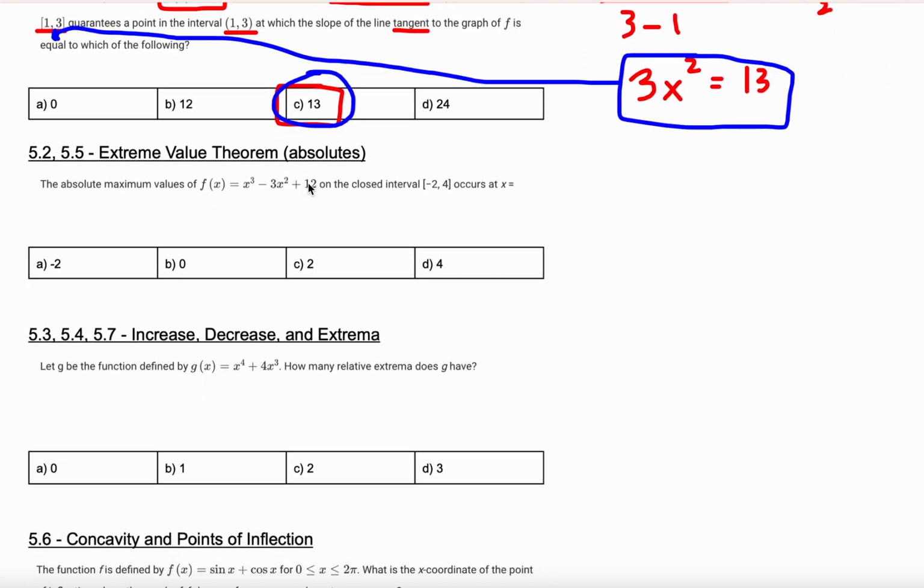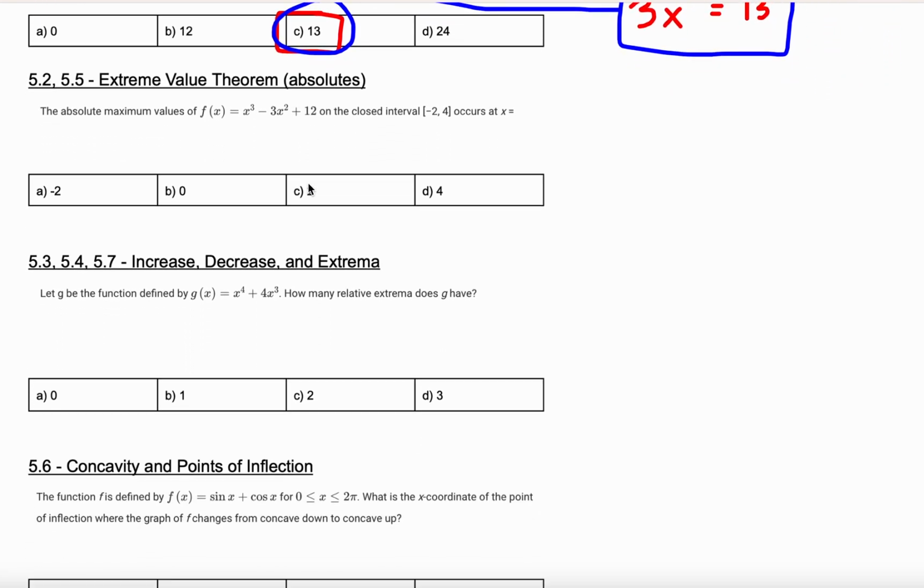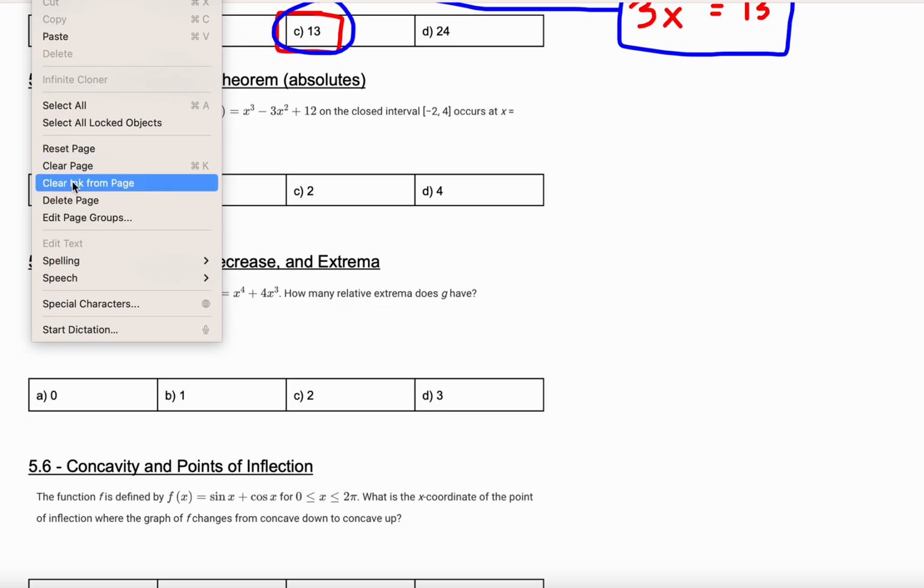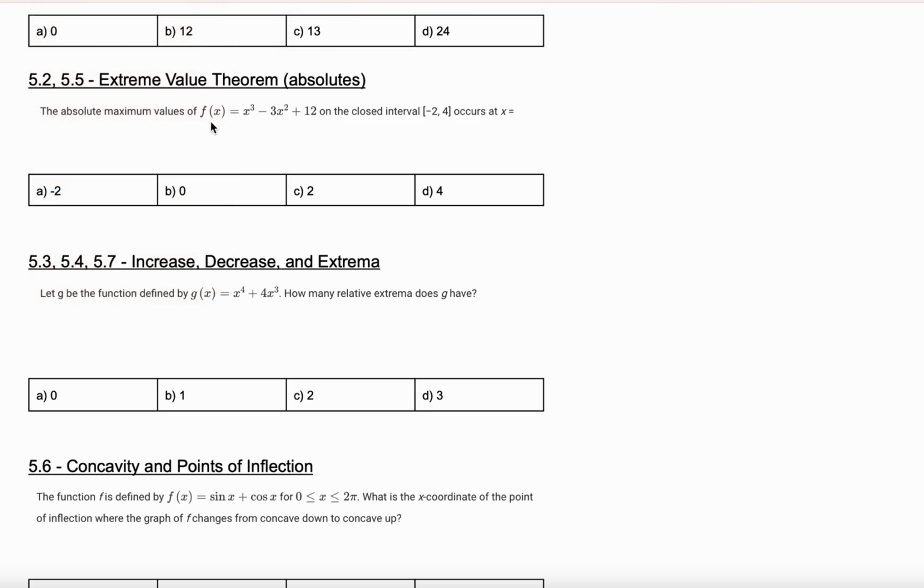For the second question, we are trying to find an absolute max. An absolute max requires us to make a t-chart of coordinates. And the t-chart consists of the endpoints, but it also consists of critical values.